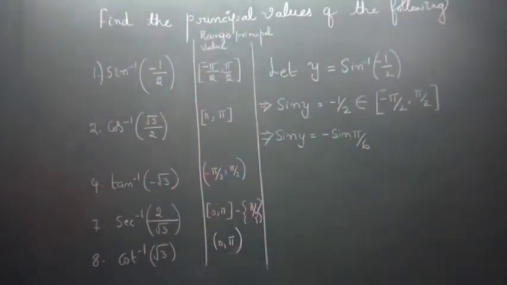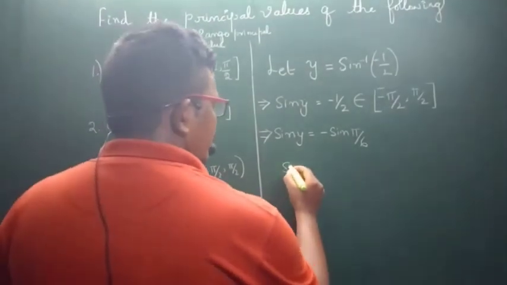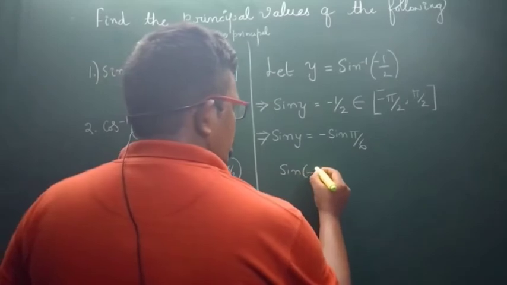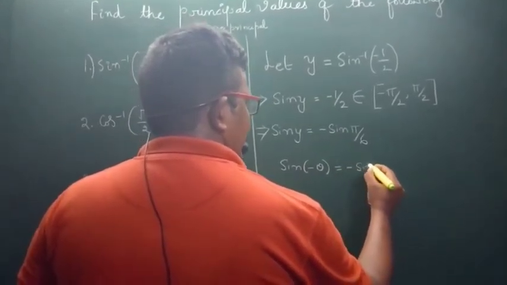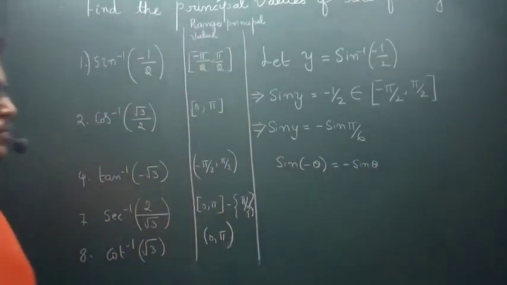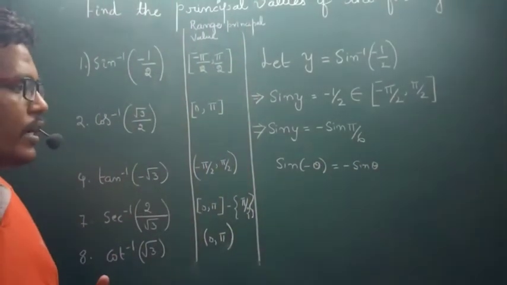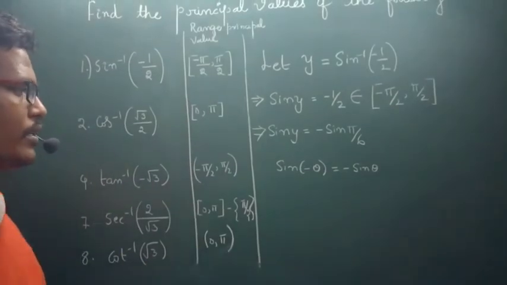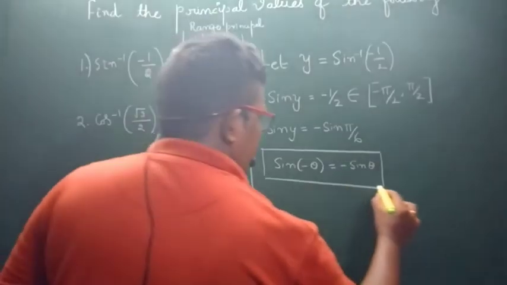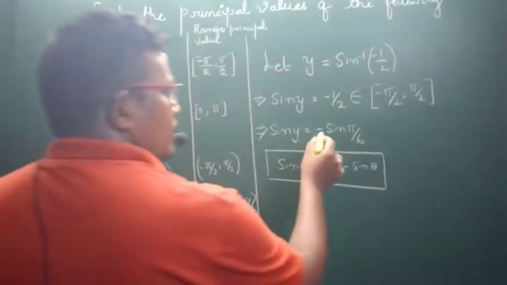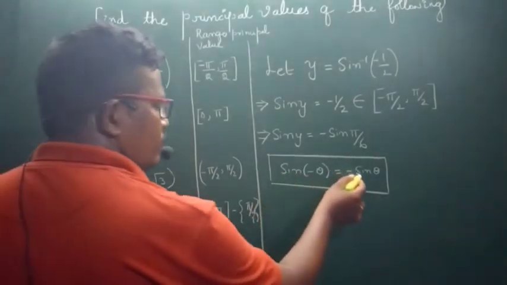But we know that sine of minus theta equal to minus sin theta. So this minus sin pi by 6 is in this form.